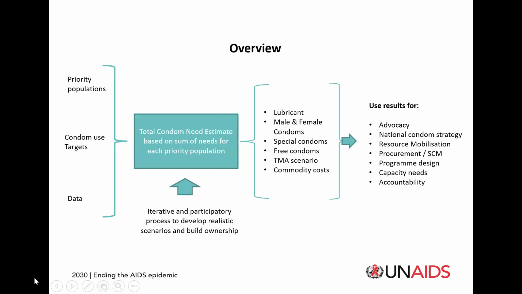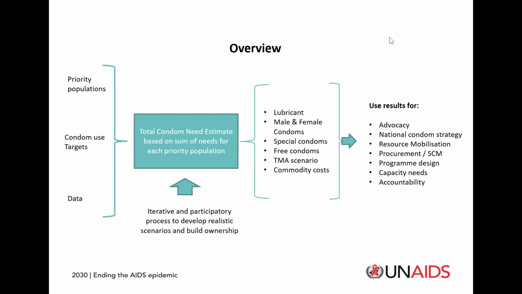A very basic overview of what the tool does, in a process where countries engage in using it. It starts from the identification, on the left, of your priority populations for condom programming, the setting of specific condom use targets for these populations, and then, driven by quality control data, informing the estimate.